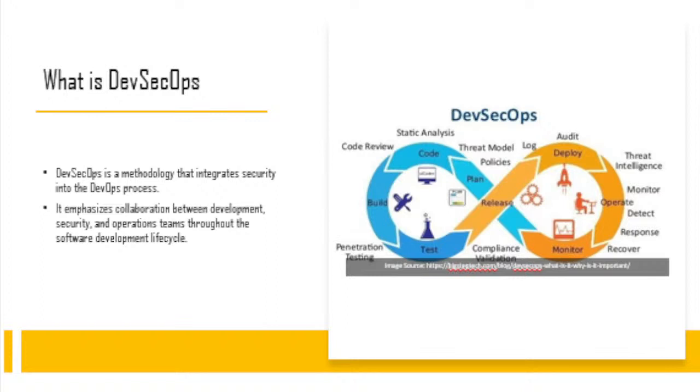Infrastructure as code, or IaC, involves managing your organization's IT infrastructure through configuration code instead of manually setting up each component.